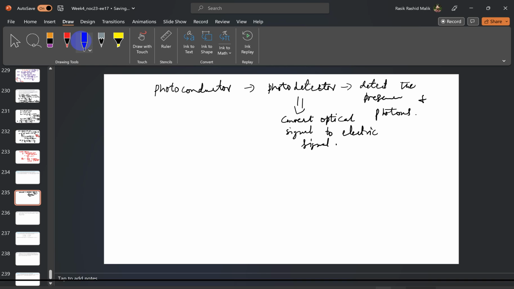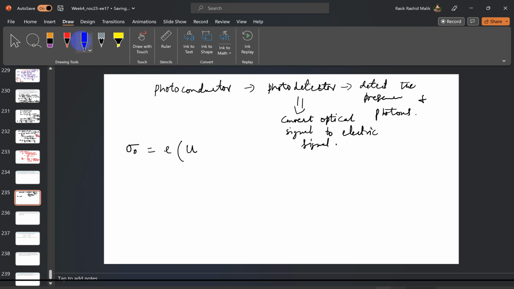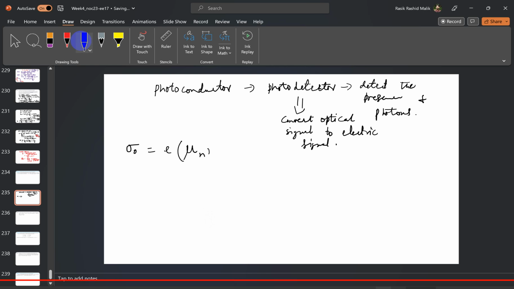In a semiconductor, the conductivity at thermal equilibrium, without any photon excitation, is simply e(mu_n n0 + mu_p p0). Say this is the conductivity.